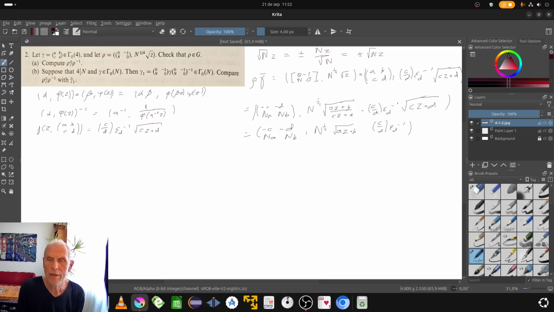So they lie in the right hand positive real axis, and the product then has positive, no, this lies in H, and that means that the square root lies here, and this lies here.